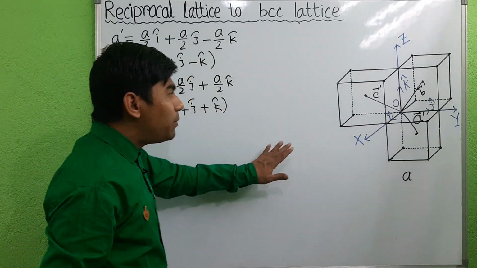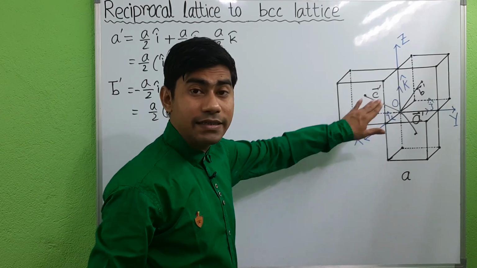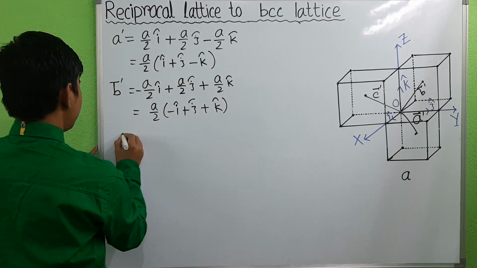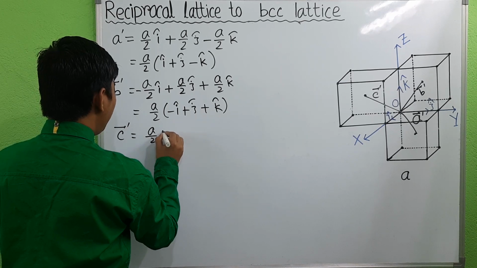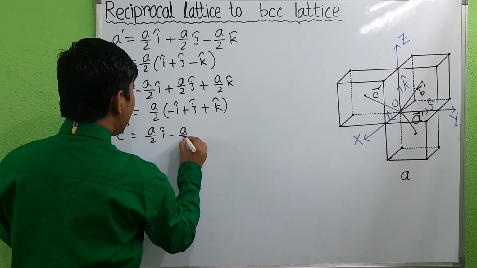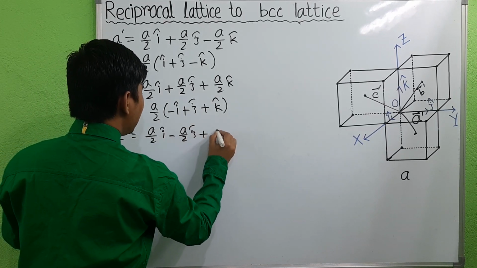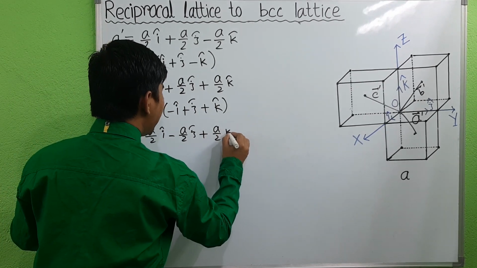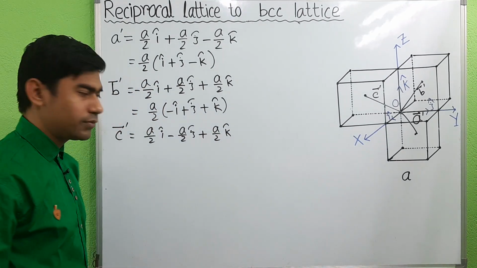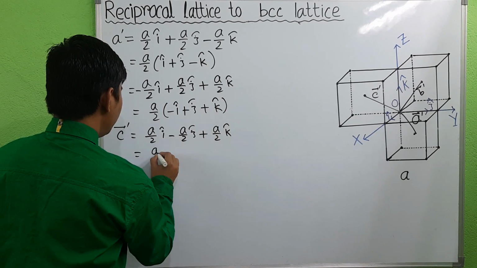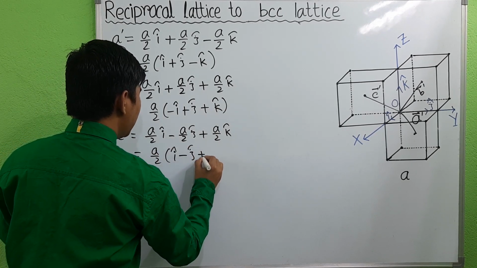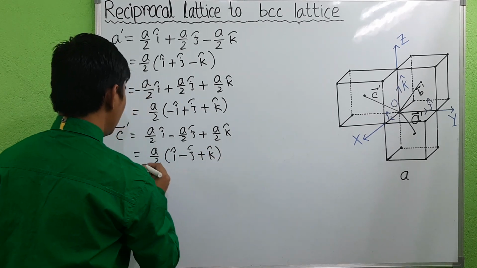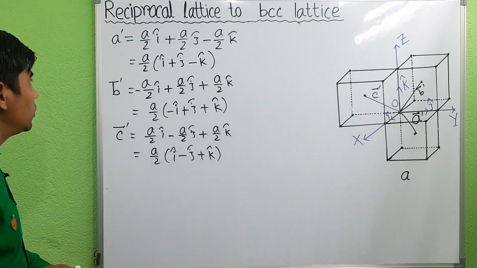So the primitive translation vector c dash will be c dash equals a by 2 i cap minus a by 2 j cap plus a by 2 k cap, that is, a by 2 times (i cap minus j cap plus k cap). So this is c dash.